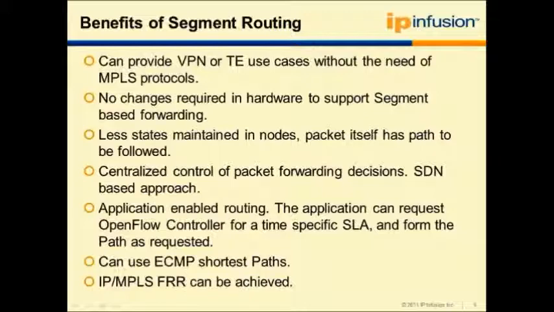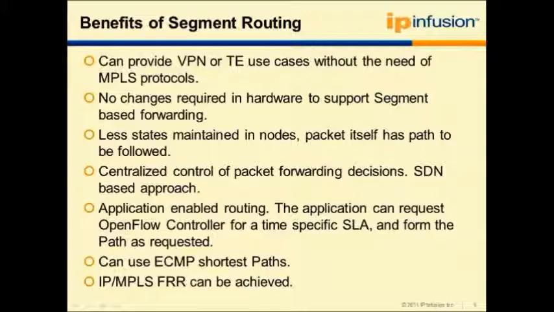For example, if an application is requesting a very time-specific SLA for forwarding, the OpenFlow controller integrated with the PCE can program the path in the ingress node, and it can be achieved. Another benefit is application-enabled routing. An application can request a time-specific SLA from the OpenFlow controller, and this can be directly programmed into the network.